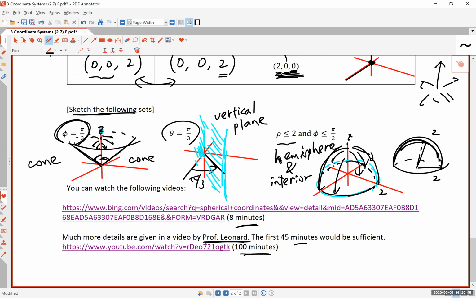All that is included in here. And because you have this equality, all the points on the sphere and on the xy plane within radius 2 are covered. So this will be like a solid half ball. Think of a bowling ball, a solid ball, and then just cut in half. The top half of this solid ball is what this thing looks like.